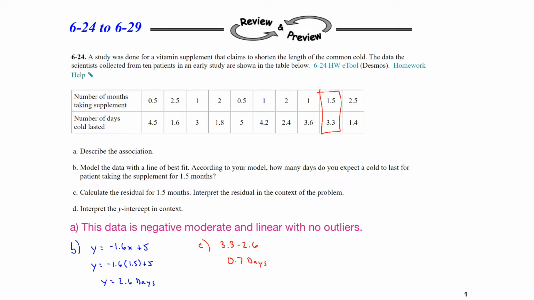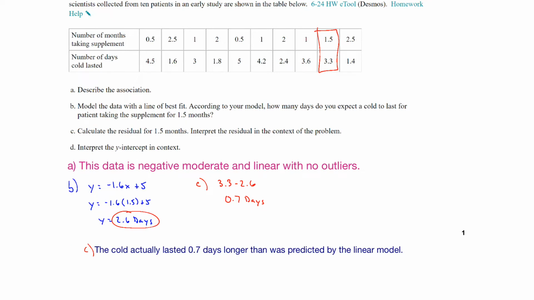So once again, it's the actual minus the predicted, and that will give you approximately 0.7 days. Interpret the residual in the context of the problem. So what this means is the cold actually lasted 0.7 days longer than was predicted by the linear model.